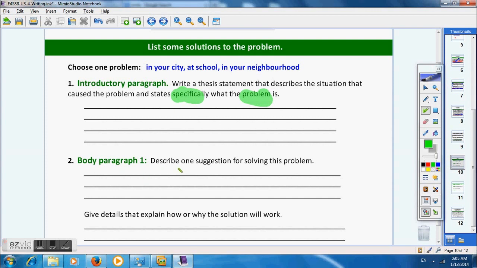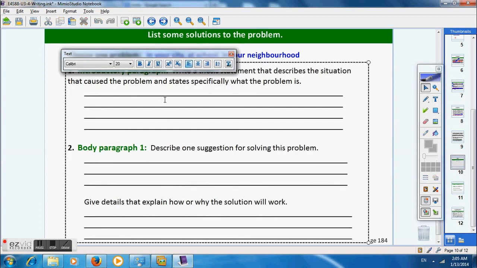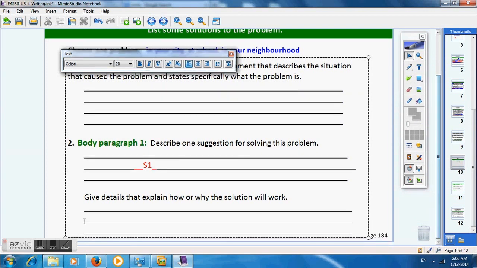And then in body paragraph 1, describe one suggestion for solving the problem. So this is your S1. And here, please give details that explain how or why the solution will work.